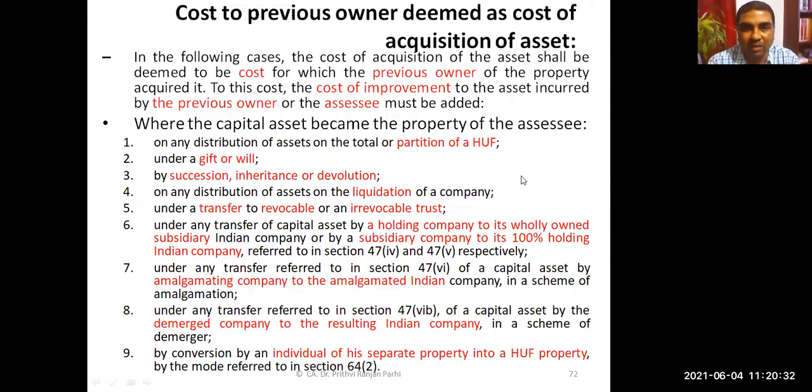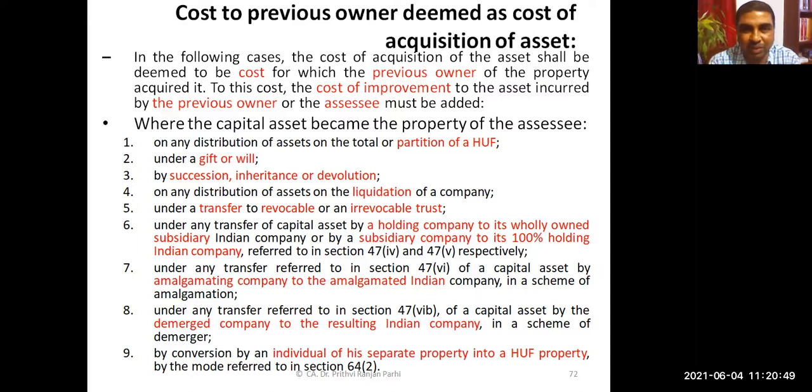So, friends, in the previous class also we had discussed that in these specific circumstances, the cost of acquisition, that means the cost to the previous owner, shall be treated as the cost of acquisition.